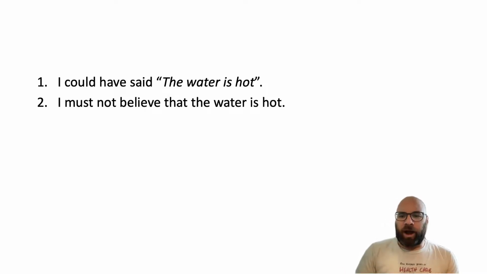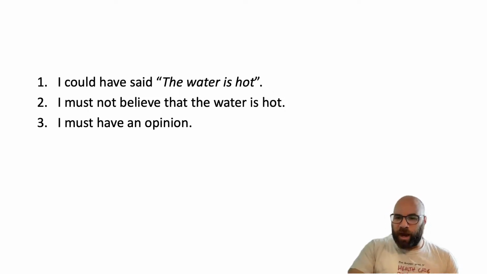Okay? So how do we get from me saying the water is warm to you thinking that I mean the water is not hot? We've got these first two steps, right? You realize that I could have said the water is hot and I didn't say it for some reason, so maybe I don't believe it. Those are the first two steps. The next step is you have to assume that I have an opinion, right?